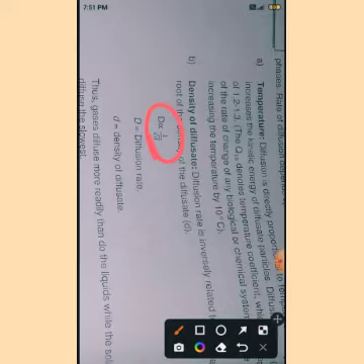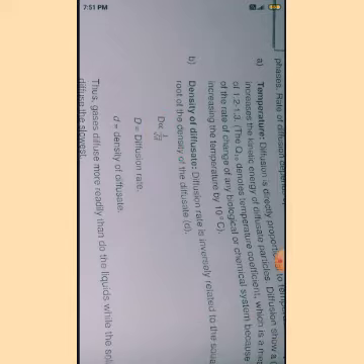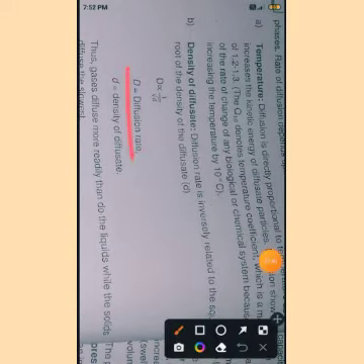I'm sorry students, here not diffusion: this capital D is for diffusion rate, and this small d is for the density of the diffusate, and they are inversely proportional to each other.